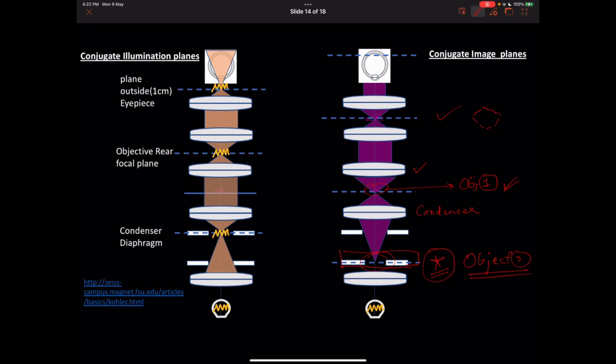It is not going to image it perfectly and sharply. Therefore, in order to visualize this image of the diaphragm, or the object 2, perfectly, you need to align the condenser perfectly. Now, here comes the critical part.